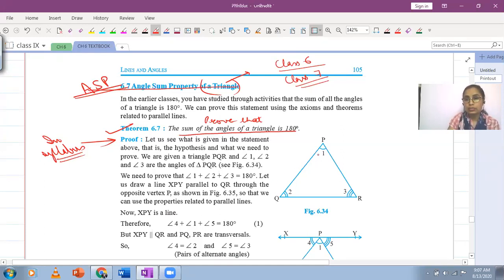As you can see here, there is a triangle PQR. The angles are marked by numbers 1, 2, and 3. What we need to prove is that the sum of these 3 is 180 degrees. I hope it's clear. This is what we are going to do now.